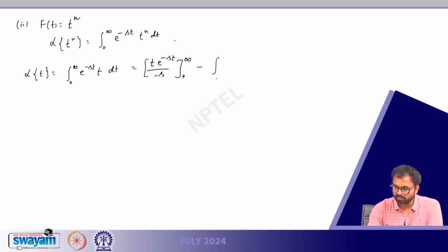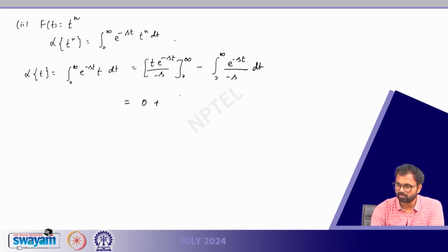Then the derivative of the first function, that is 1, and then the integral of the second function, e to the power minus st by minus s, dt. At t equals infinity this is going to 0, and at t equals 0 this is 0.